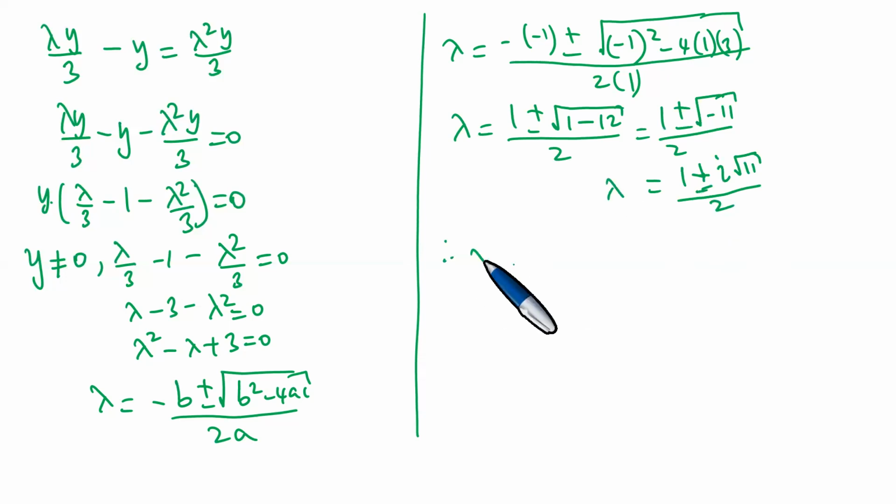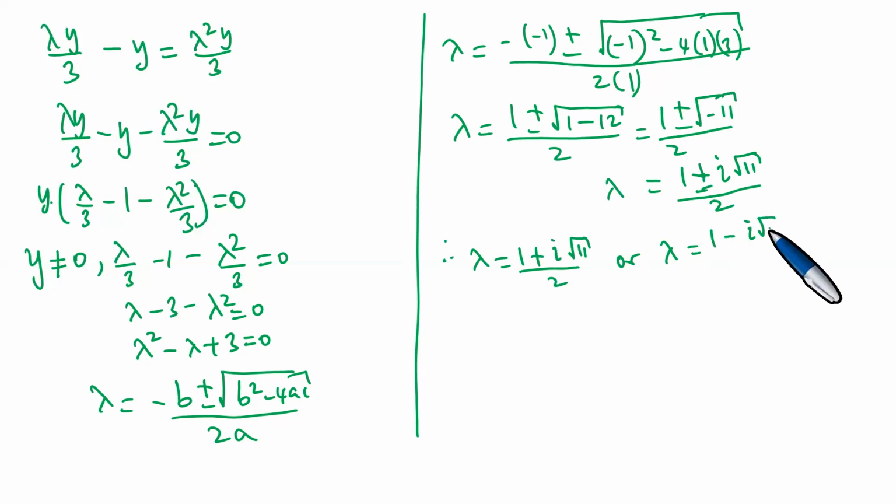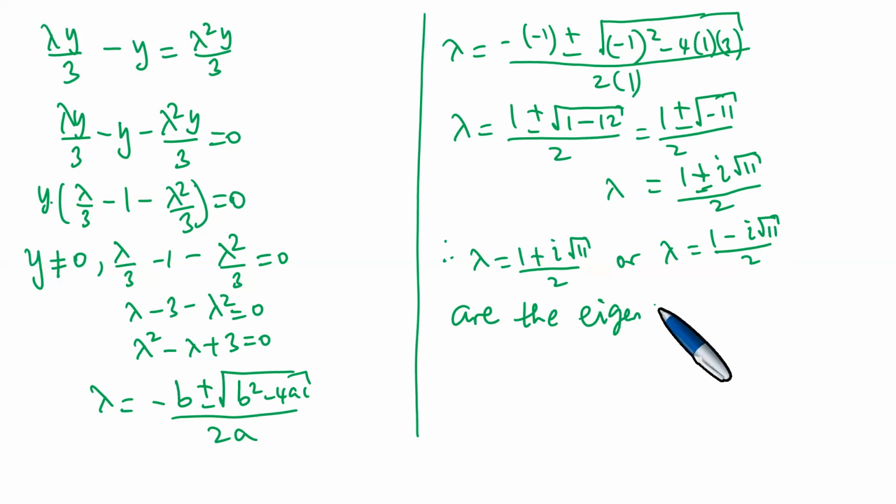Lambda is 1 plus i times the square root of 11 divided by 2, or lambda is 1 minus i times the square root of 11 divided by 2. So these are the eigenvalues of T.